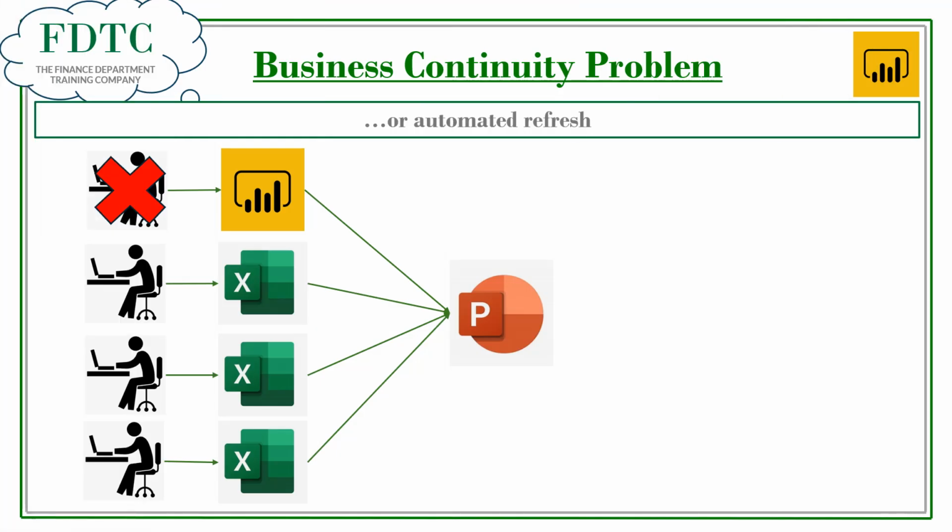Power BI also offers automated refresh capabilities, which means that if the Excel reports that drive our absent employee spreadsheet can be scheduled to come out of a system, then Power BI can also automatically refresh itself for any new data.